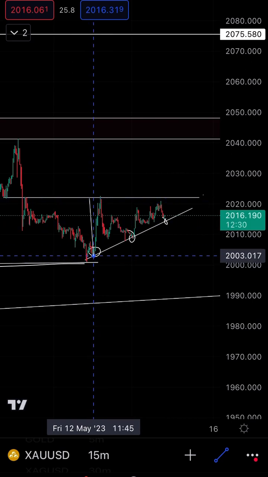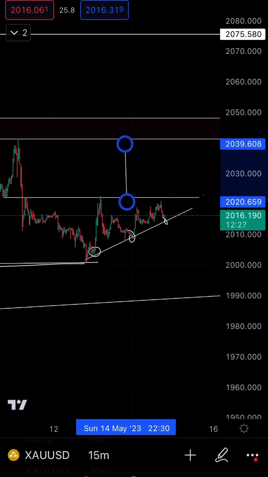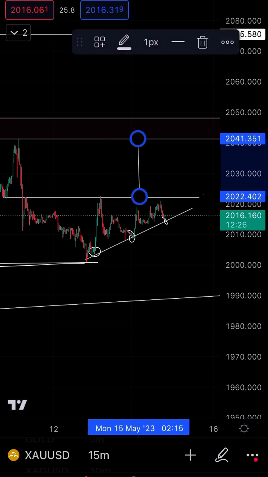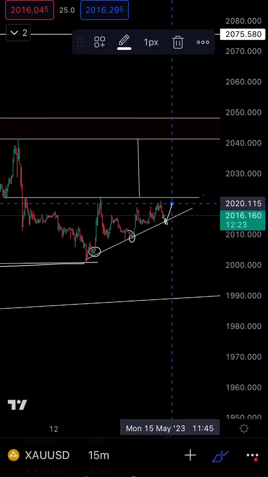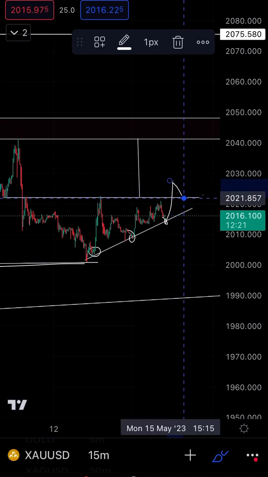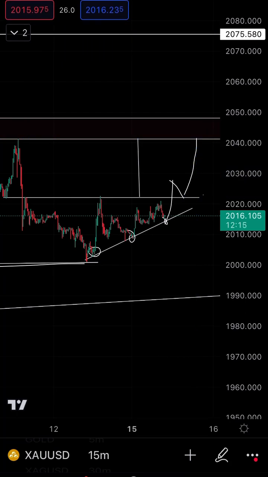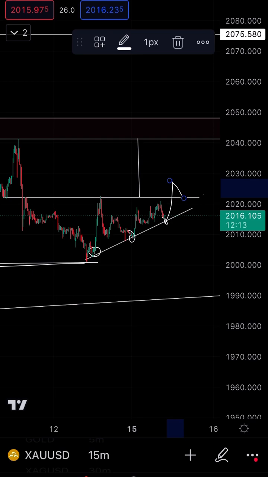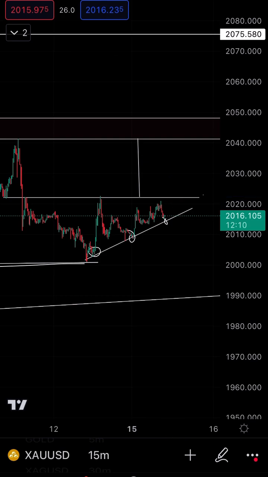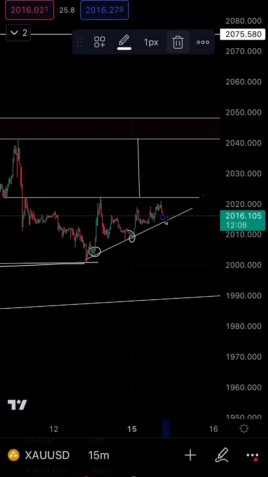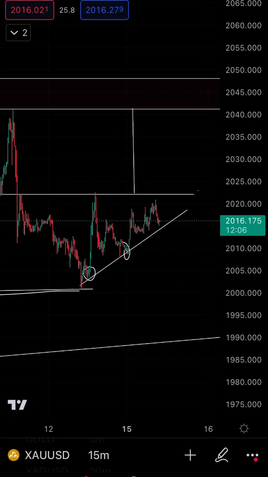Probably for those people day trading or scalping, if we break to the upside and hold it, come and retest, it can take us back to 2040. Are you getting it? If you want to watch for fun, trend the market on the 15 minutes time frame and you'll make money.